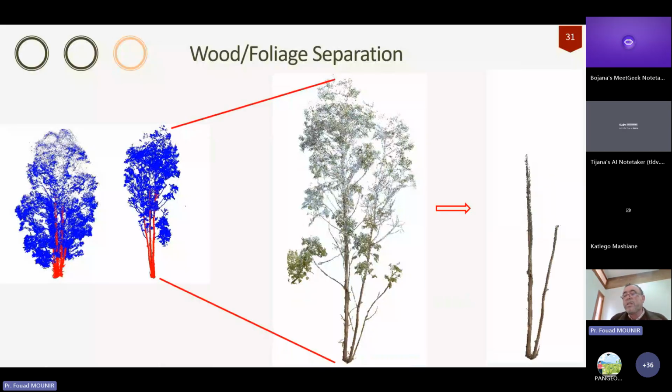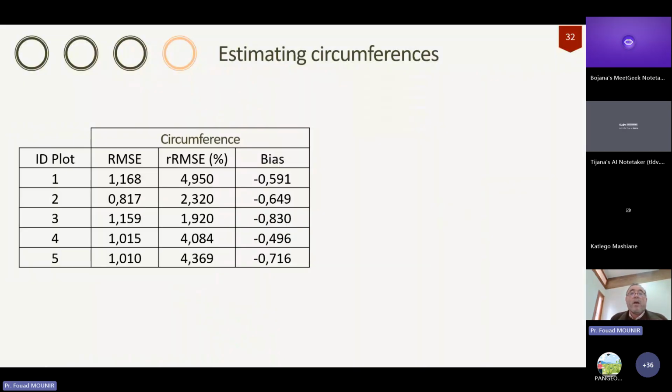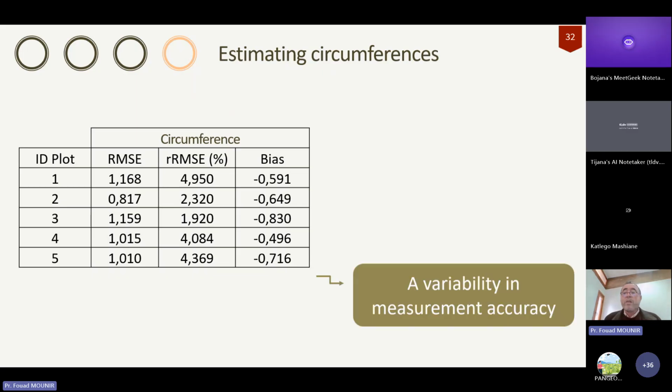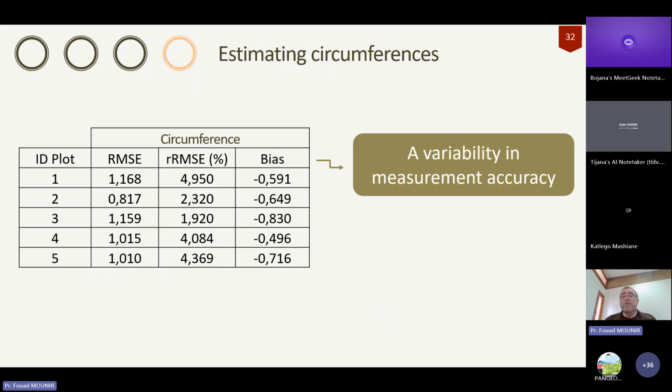That you can see in this presentation. And then we came to do the estimation of the circumference of our trees, and we saw here in this table that there is some variability on measurement accuracy between the stands that have been observed mainly in dense parts of the stands.